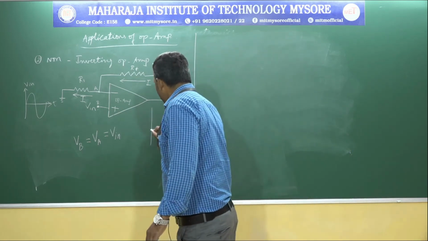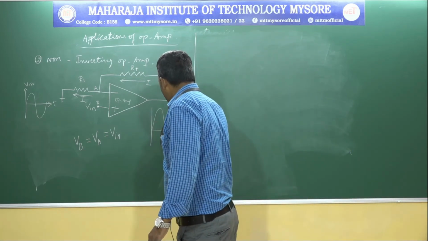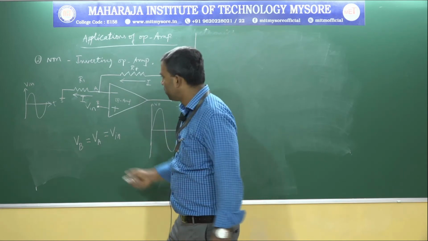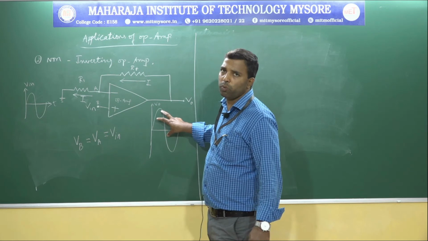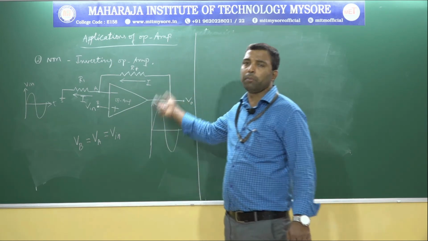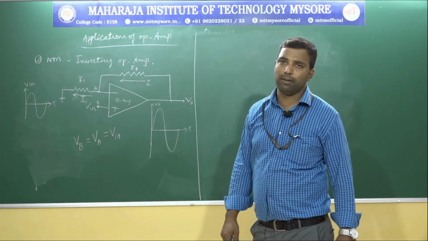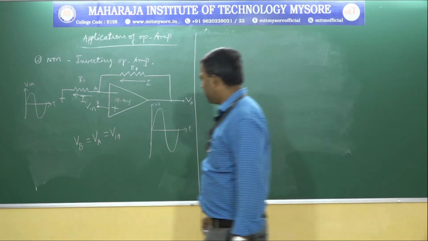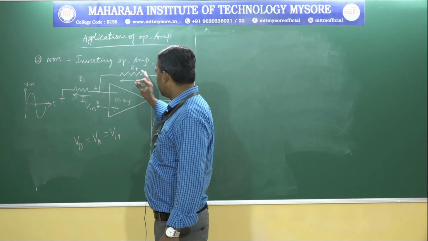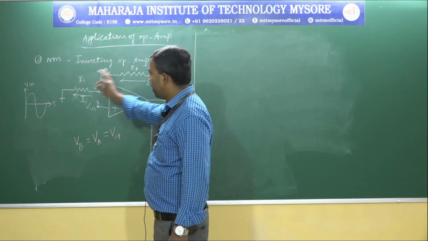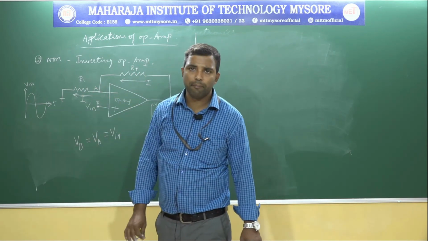That is, the output is also with amplification. That means observe here, if this is 1 volt, this is more than 1 volt, 3, 4, 5, depending upon the amplification factor. Let us consider that the current I flowing through RF and R1 is the same.